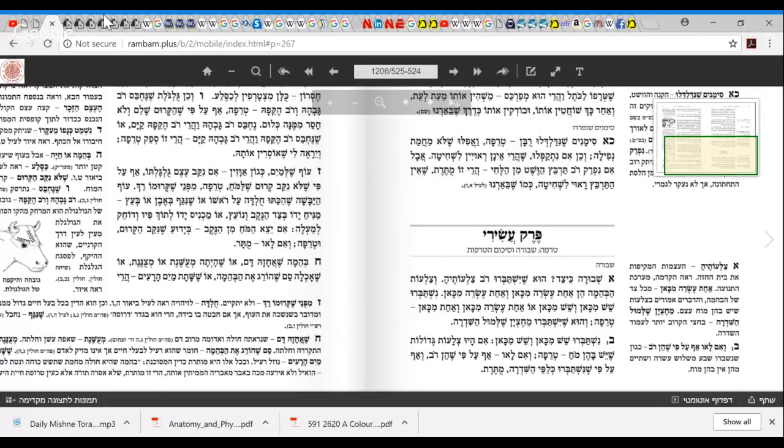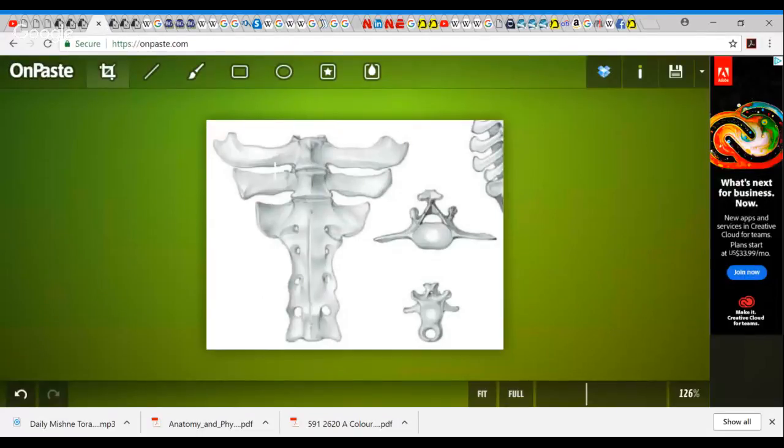So again, looking at this picture, for example, here are the lumbar vertebrae that are below these thoracic vertebrae that contain the rib cage. In the lumbar vertebrae, they have these extensions, and these would be considered sila'ot qetanot, she'en bahem moach, since they do not end with a sternum.